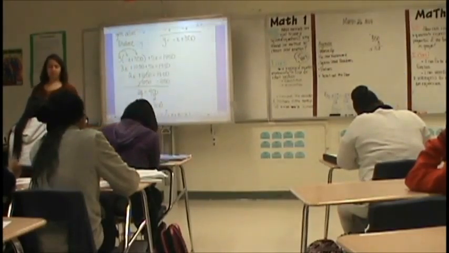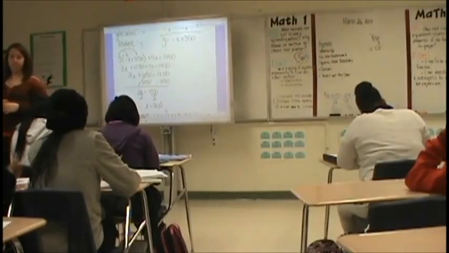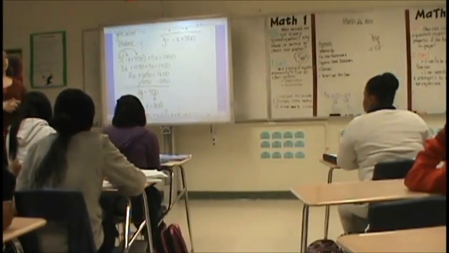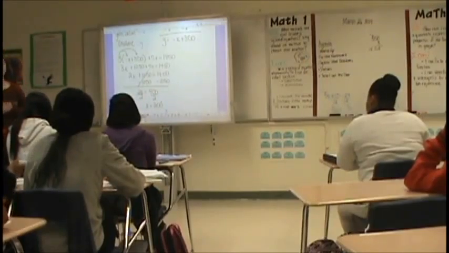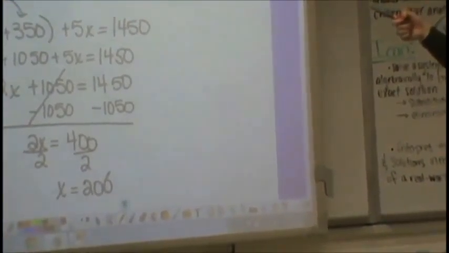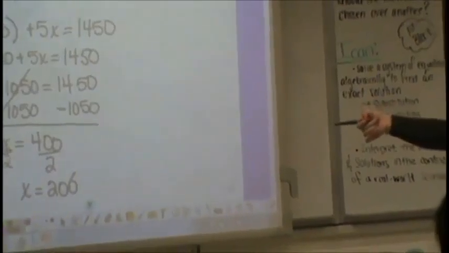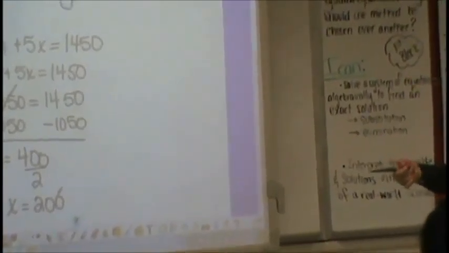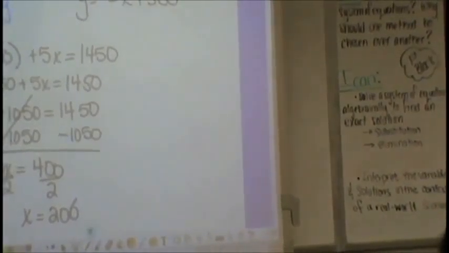So tell me what that means. 200 what? What type of tickets? Student tickets, right? You sure? What do we say our X was? General admission. So it's 200 what? General admission. If it's a multiple choice question, will they have 200 up there?